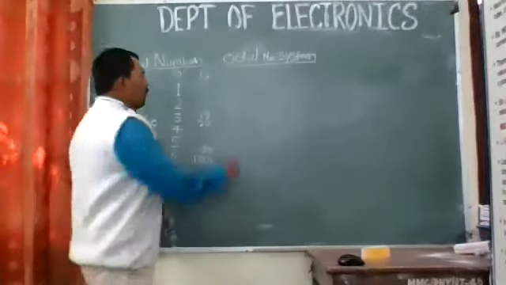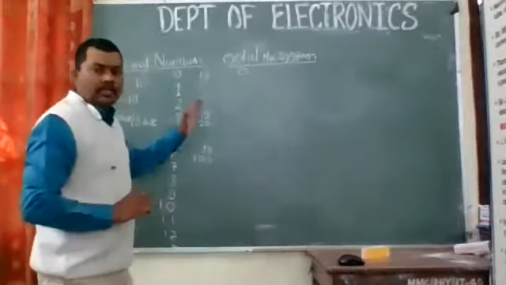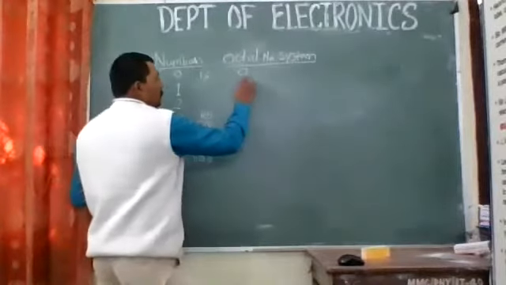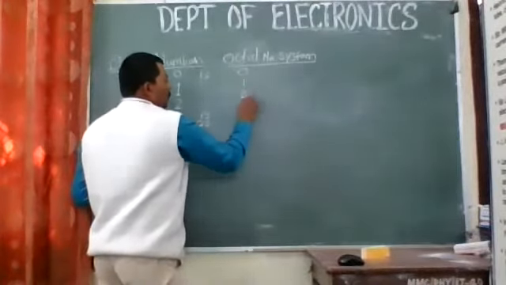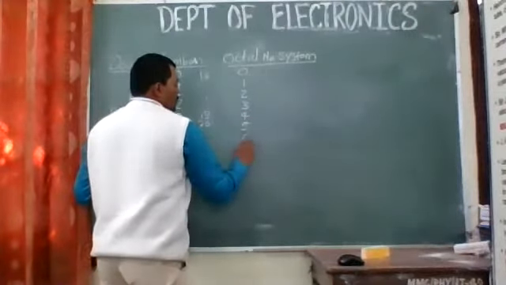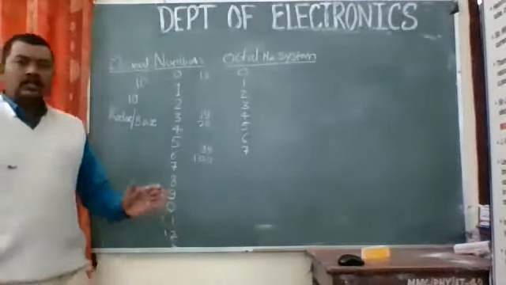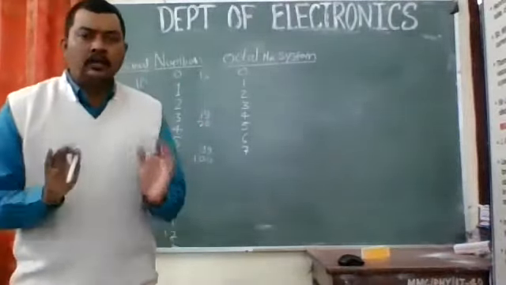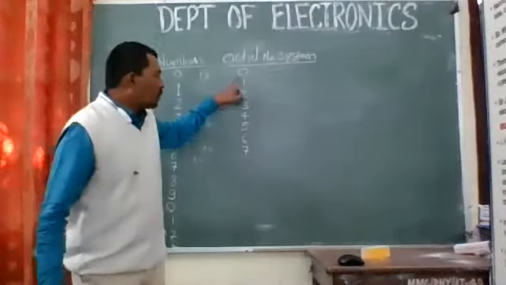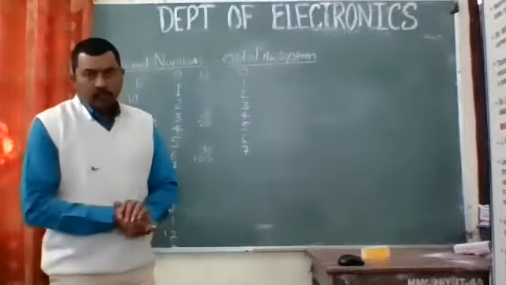These 8 symbols start from 0, 1, 2, 3, 4, 5, 6, and 7. If you count these numbers, there are only 8 numbers, right?